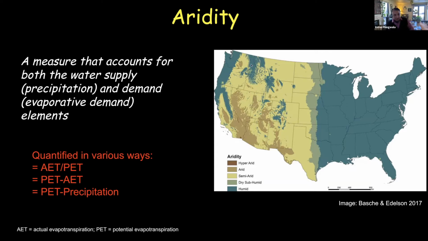It's quantified in different ways. I have given some examples here, but really it's about the controls from precipitation, the supply, and the demand side of the water balance.